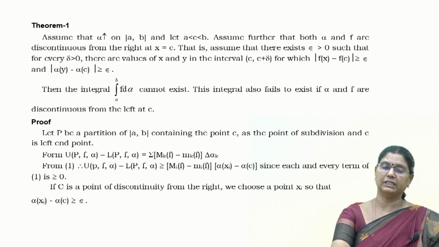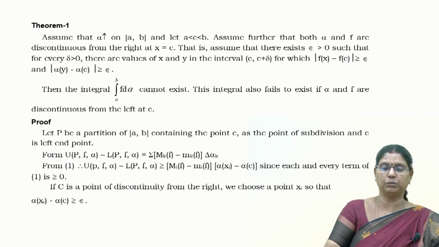To prove this, we consider a partition P containing the point c as a point of subdivision, with c as the left end point, and form U(P, f, alpha) minus L(P, f, alpha), which is nothing but the sum of capital Mk of f minus small mk of f into delta alpha k. By the definition, we can write this as greater than or equal to Mi of f minus mi of f into alpha of xi minus alpha of c, and every term of equation 1 is greater than or equal to 0. Here c is a point of discontinuity from the right.